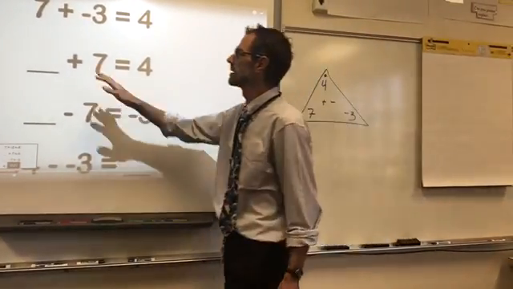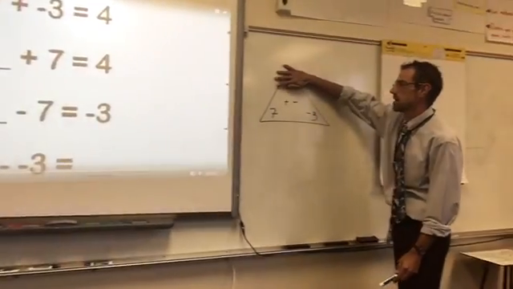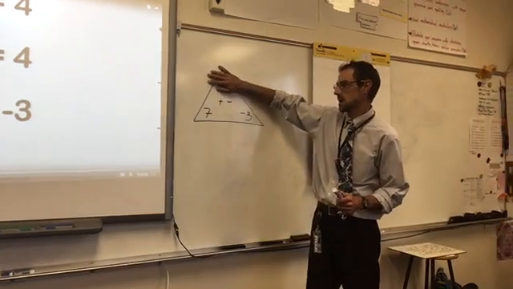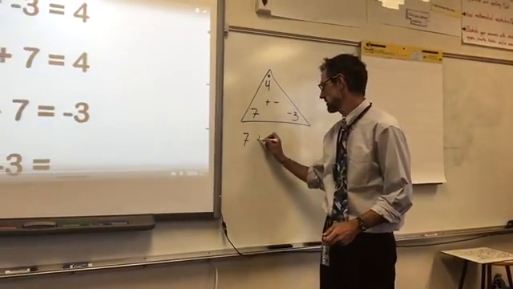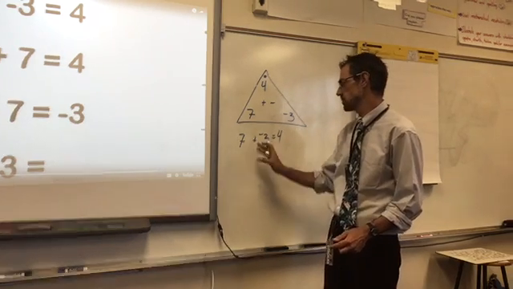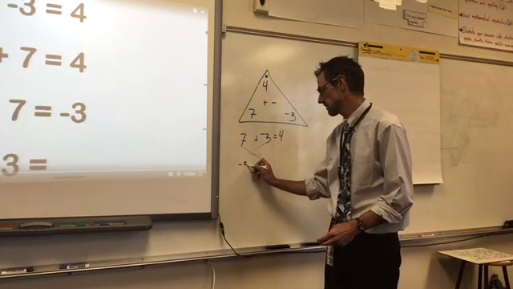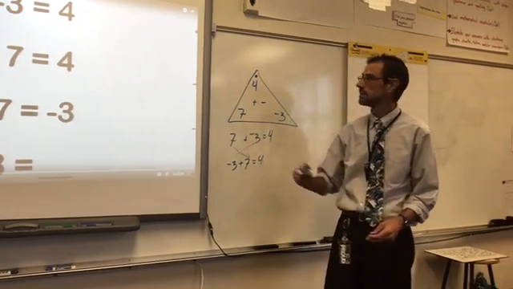So here I had this. So now, to get my addition number sentences, I cover up the sum. I get 7 plus -3 equals 4. And now I do the commutative property, which tells me I can use these. Negative 3 plus 7 equals 4.